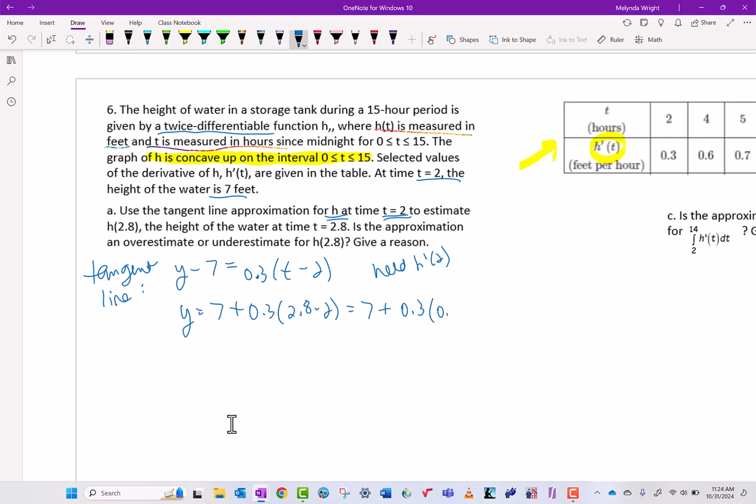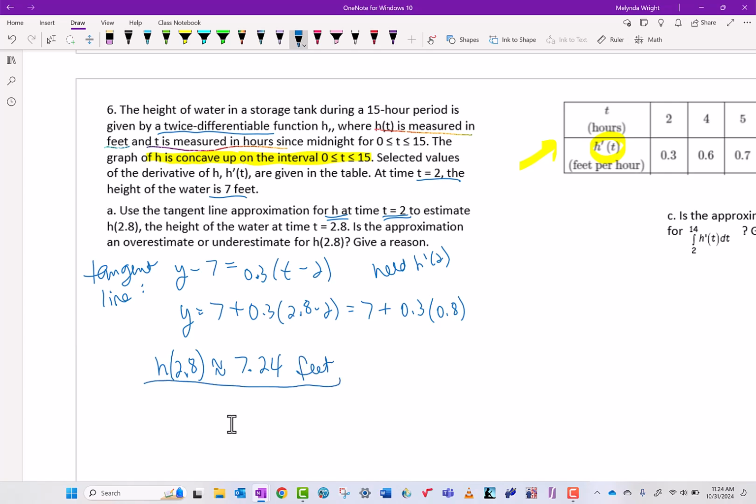And this is non-calculator. We know 3 times 8 is 24, and we've got 2 decimal places. So h of 2.8 is approximately 7 plus 0.24, since 0.3 times 0.8 is 0.24. And that would be in feet.